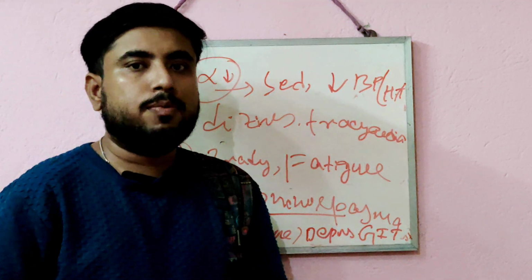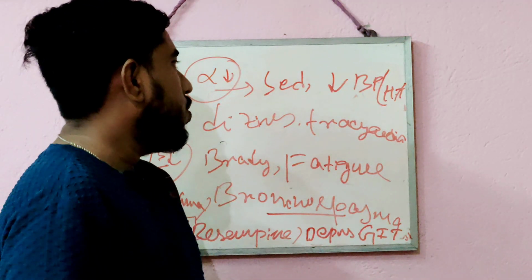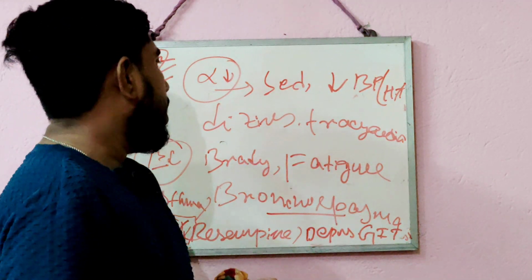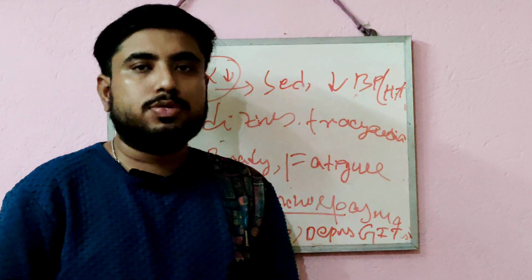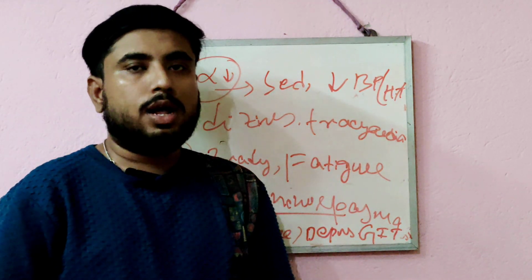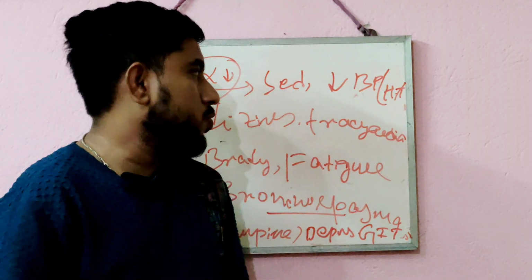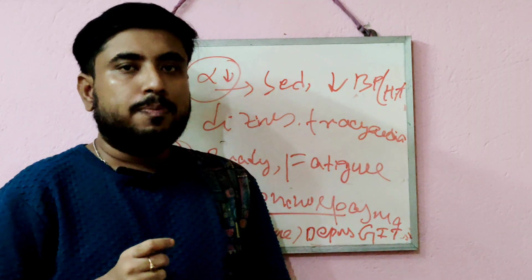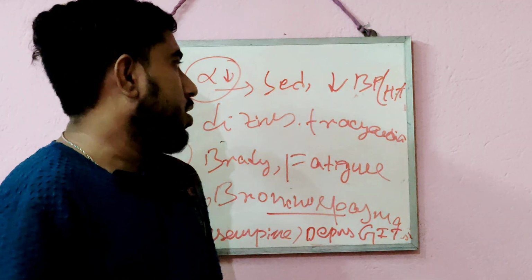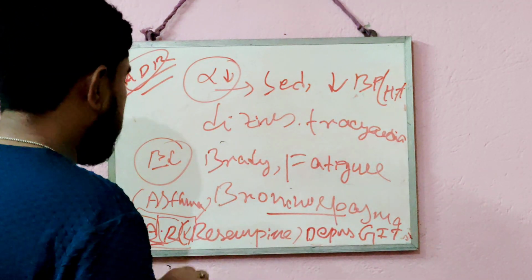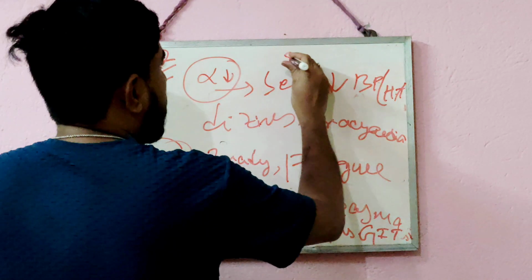From the next class I am going to discuss the drugs which act on the parasympathetic system. Two types of drugs come in that, parasympathomimetic drugs and parasympatholytic drugs, which I will discuss in the upcoming classes. In the next class the topic will be parasympathomimetic drugs. For today, your topic is sympatholytic drugs.